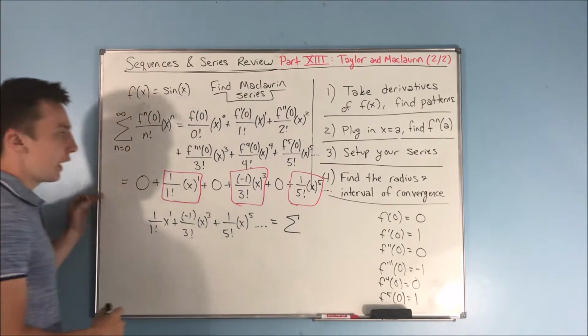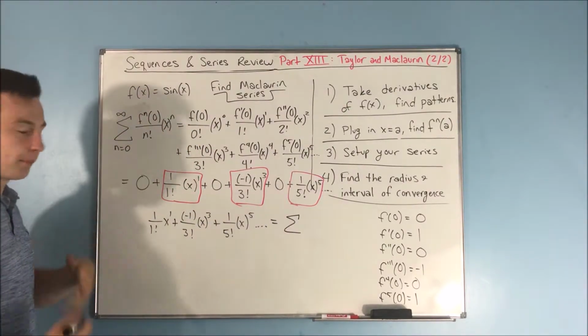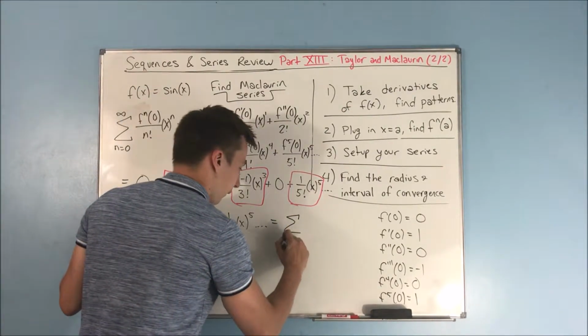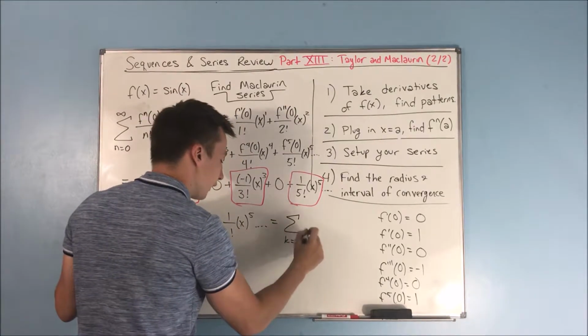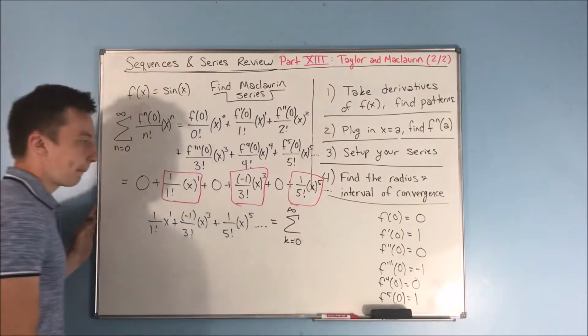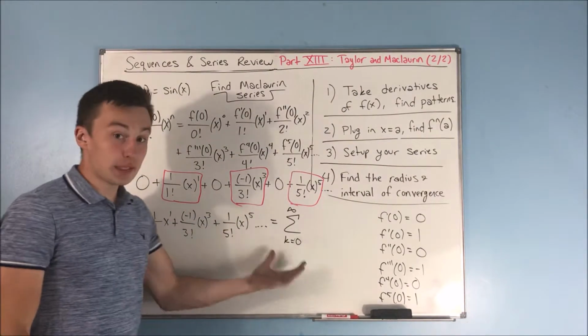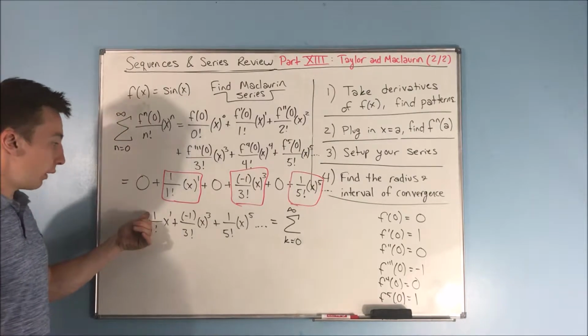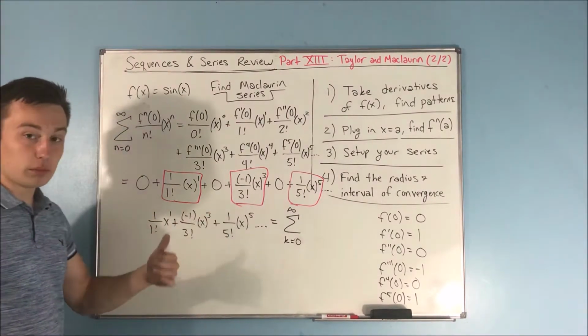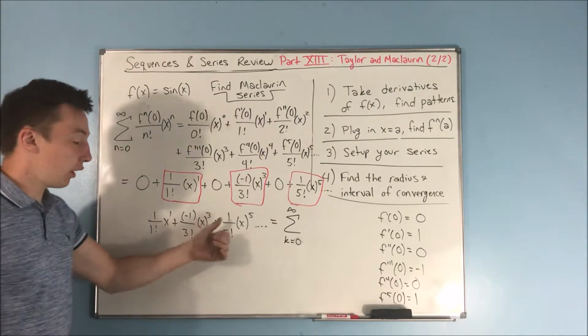We're not going to use n this time because we used n up here. So we're going to have this equal to k, k equals 0 to infinity. And this is going to be relatively easy to set up. This is an alternating series with a negative on the top.